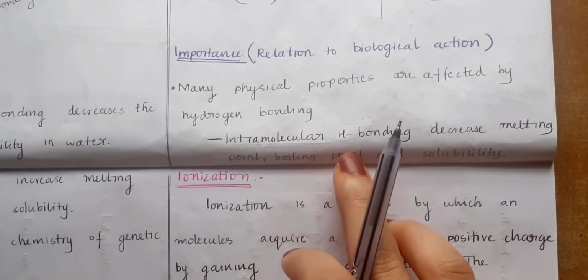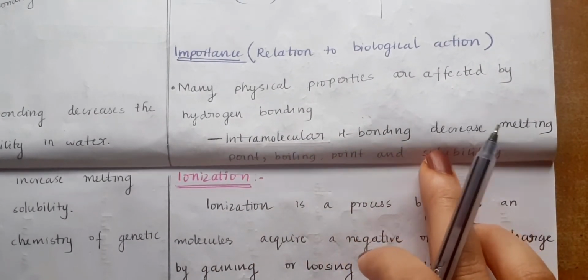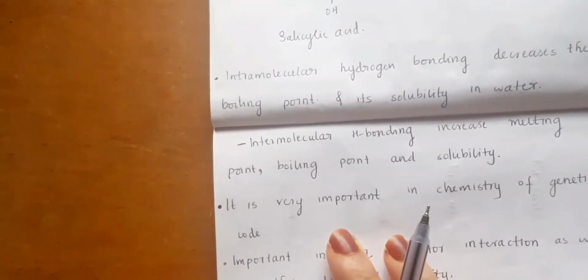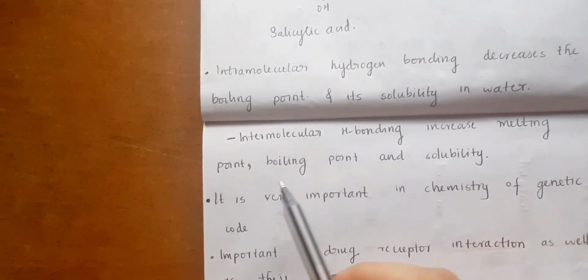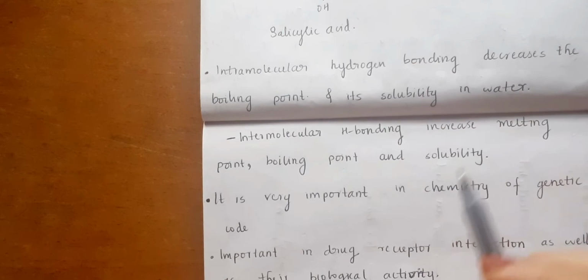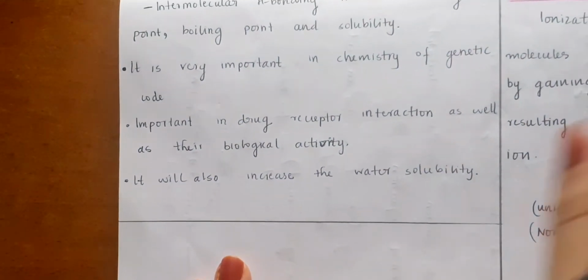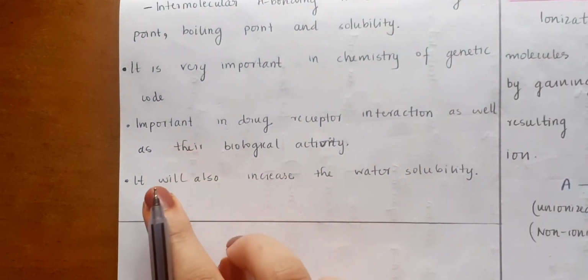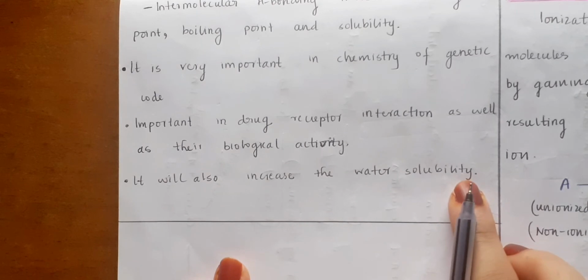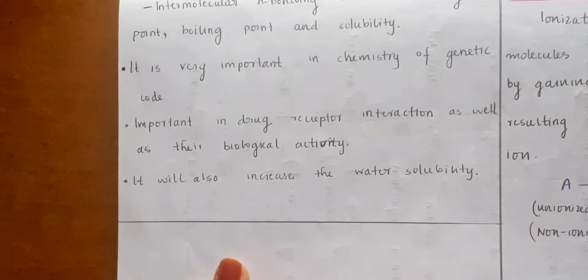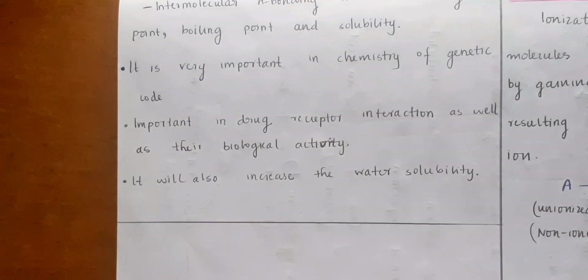In intramolecular hydrogen bonding, boiling point, melting point and solubility are decreased, whereas in intermolecular hydrogen bonding, boiling point, solubility and melting point increase. It is very important in the chemistry of the genetic code. Hydrogen bonding is used to increase water solubility, and is important in drug receptor interaction as well as biological activity.